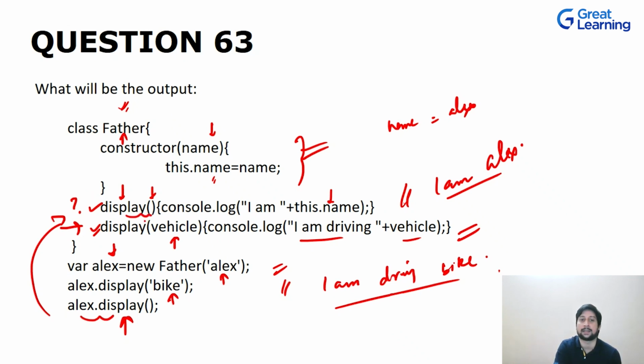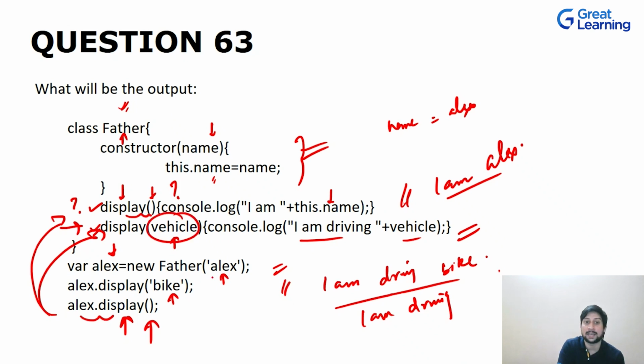But that is not the case. This function is not present at all. And whenever we are calling this function, the next function, again, this function will be called. And this time around, I'll be getting an output as I am driving. Since we don't have any argument over here, so this vehicle will be treated as undefined.